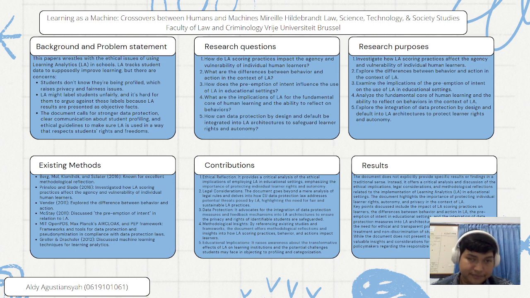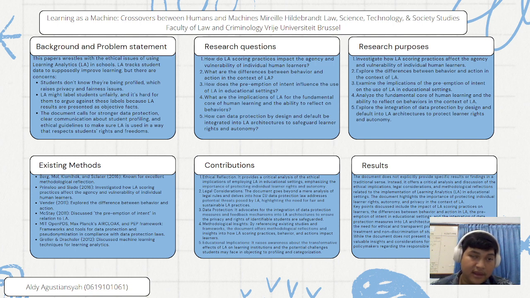Existing method. Moll, Kismihok, and Schulter found out about the method known for excellence methodological reflection.